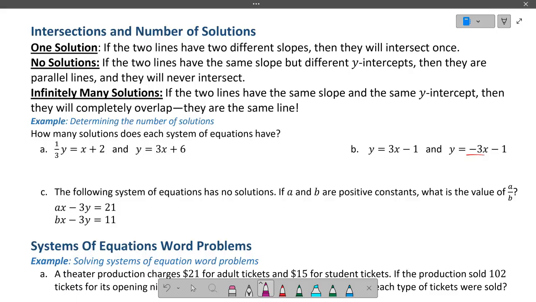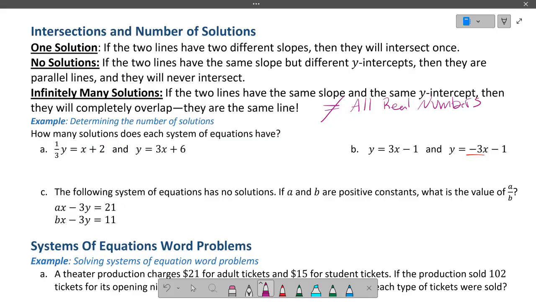Don't confuse it with all real numbers. It's not the same thing. All real numbers would be all solutions to everything, every ordered pair. And it's not every ordered pair, it's just the ones on the line. There's a lot of them, but it's not everything. So again, considering what the question's asking for, does it say solve the system?